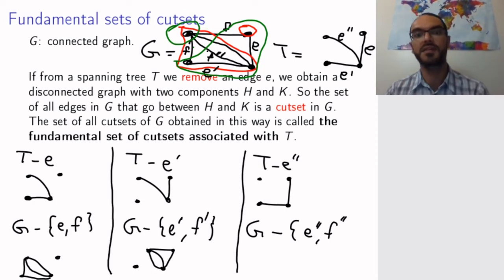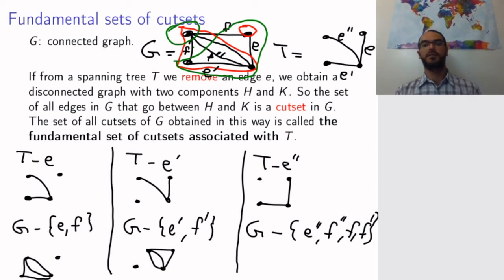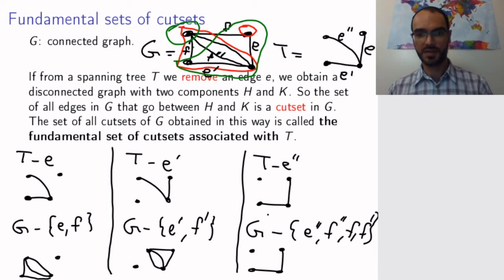It's getting a bit messy, but I have to remove this lower bow, so to speak, the upper bow, which was E bis, but also F and F prime. This is a cutset, and so I have to remove it, and if I do, I will end up with a graph that looks like this, which happens to be exactly what the tree looks like.